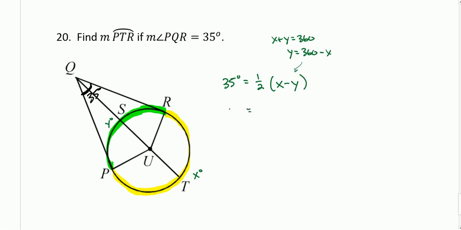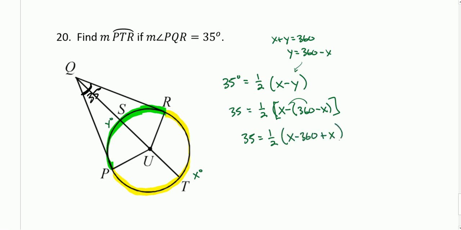And so I get 35 is 1/2 x minus, careful, we got a couple parentheses here, 360 minus x. Distribute the negative, we get 35 equals 1/2 x minus 360 plus x. Keep going, 35 is 1/2 of 2x minus 360. To multiply by the 1/2, distribute it, and we get x minus 180.